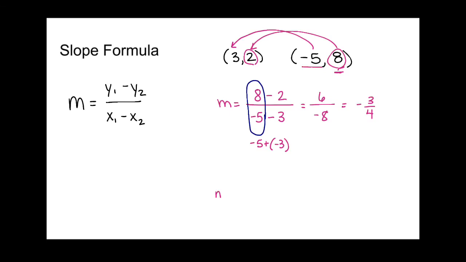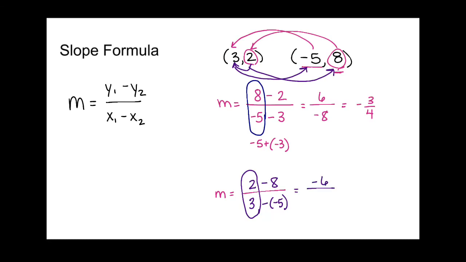Now, just to show you, if I switched those around, so if I started with the 2 and subtracted the other y value, which is 8, then I need to keep the first value, the one that goes with 2, which is 3, minus, because the formula has a minus built into it, and then I would subtract the other x value, which is -5. 2 minus 8 is -6, and 3 minus -5 becomes 3 plus 5, which is 8. So this becomes -3/4.